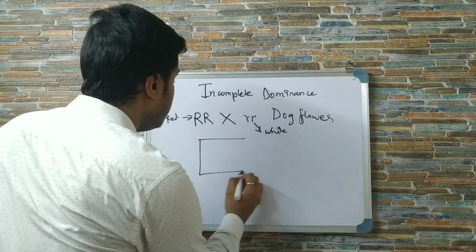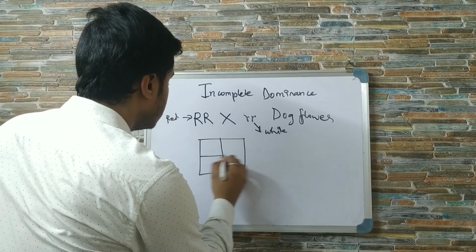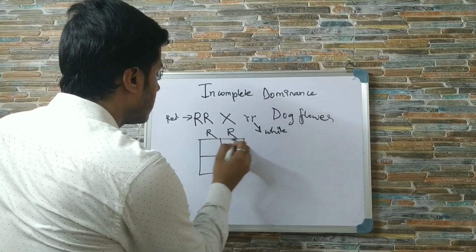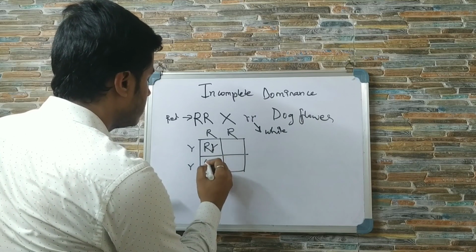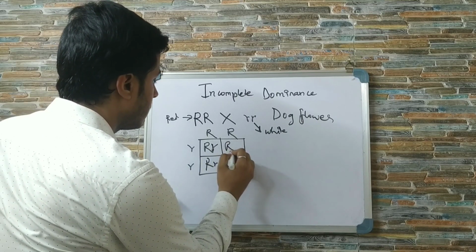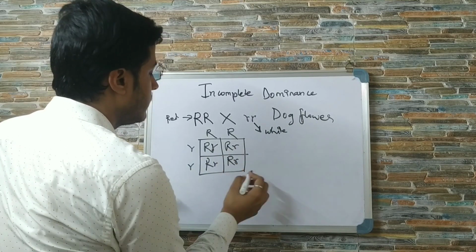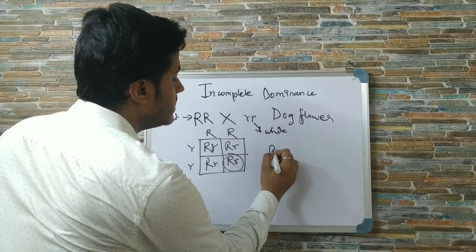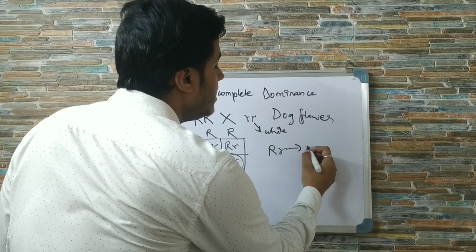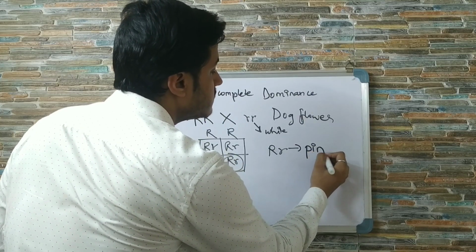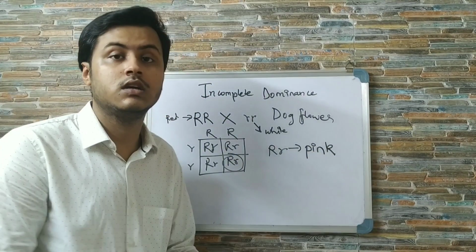But when we made a Punnett square for this, the hybrid progeny, capital R small r, instead of being red, was pink.